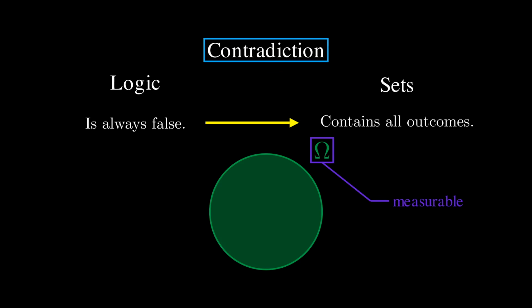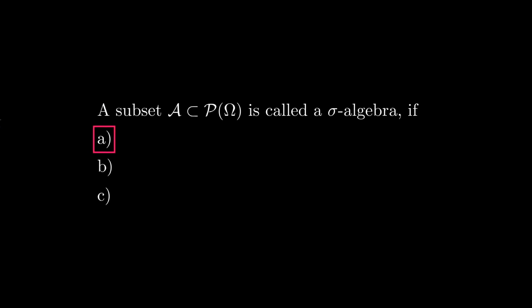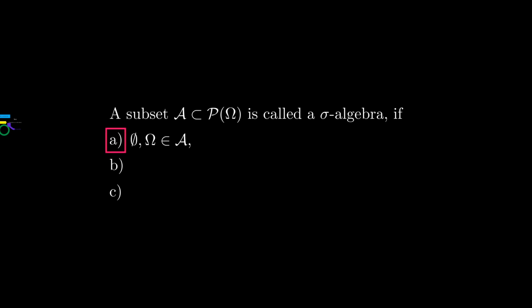In terms of logic, this is a statement that is always false. That is, if you translate it into a set, it should contain not a single outcome. And that means that the empty set should be measurable too. So, for a collection of sets to qualify as a sigma-algebra, it has to contain the whole space and the empty set.